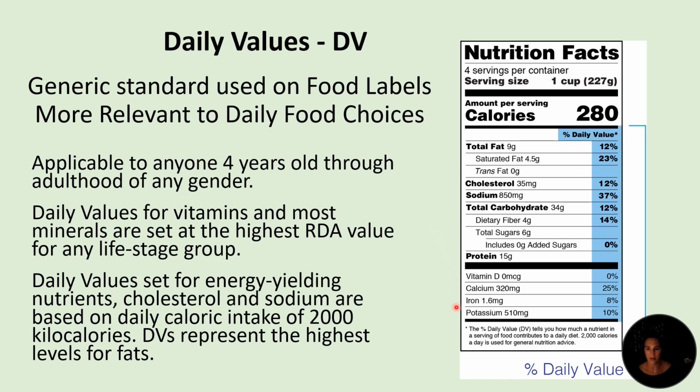It really depends on the particular nutrient in terms of how these DVs are set. And the idea is that we're getting enough of the nutrients that we need and not too much of nutrients like fat and cholesterol.